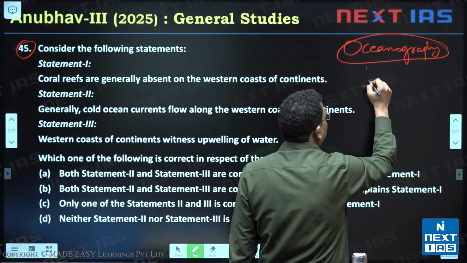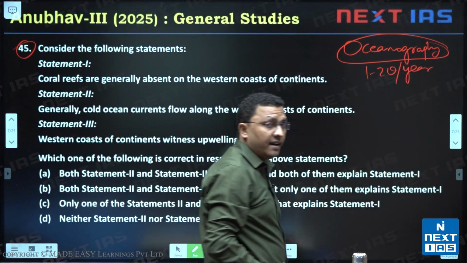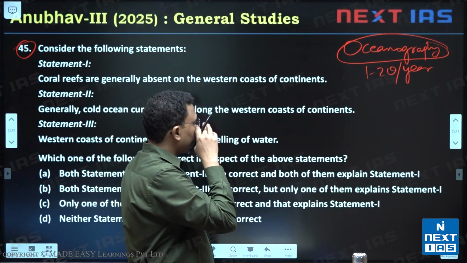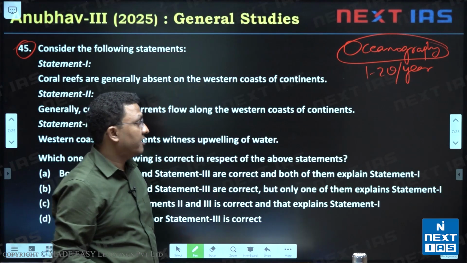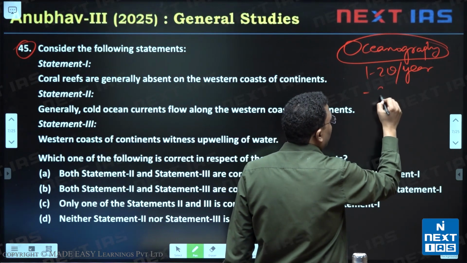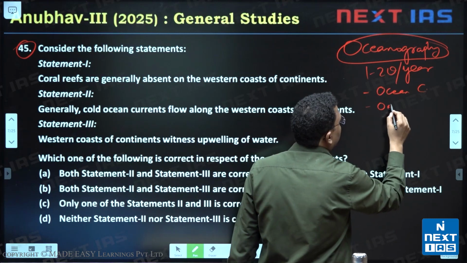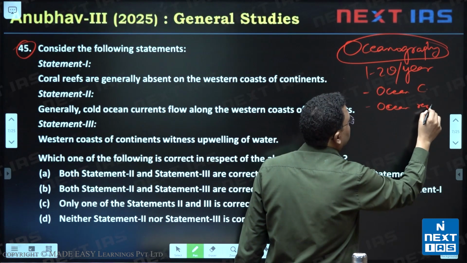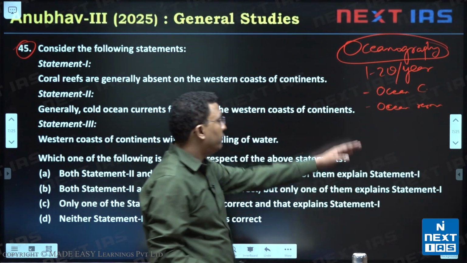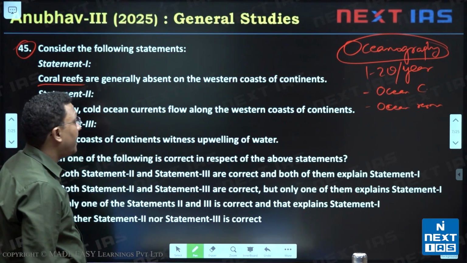You can expect 1 to 2 questions from this topic every year, right? And if you analyze the trend of previous year questions, UPSC focuses on areas like ocean currents or ocean resources, right? So that's why a question based on coral reefs has been put in your test, right?